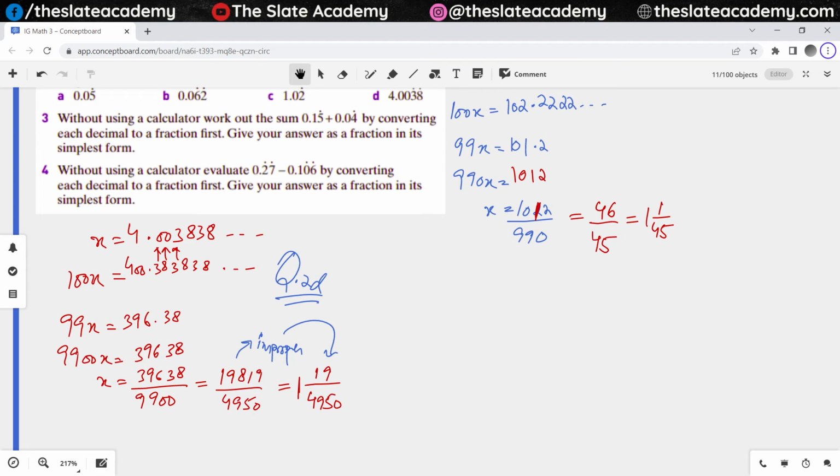So it would be 4 whole, and 4950 into 4 is 19800. So that leaves 19 by 4950. So the complete answer would be 4 whole 19 by 4950. Good.